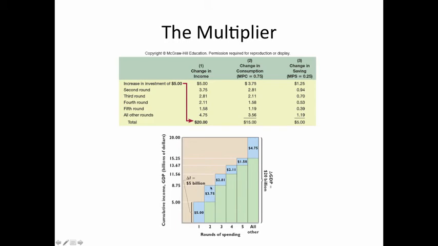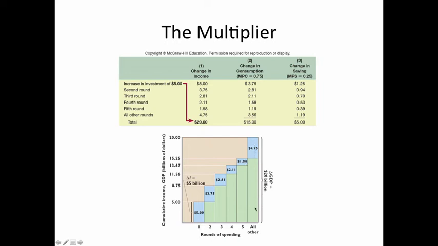So now the change in GDP, the $5 billion from the first round plus the $3.75 billion from the second round, gives us a change in GDP after round 2 of $8.75 billion. That in turn creates another $2.81 billion in round 3, so we need to add that in, plus the next round, plus the next round, plus all the subsequent rounds.